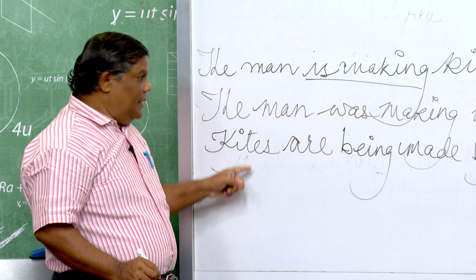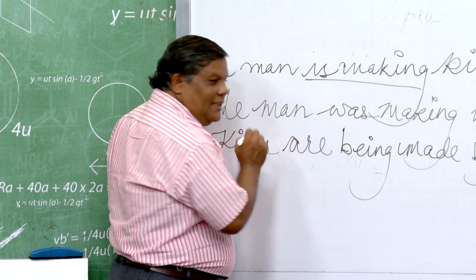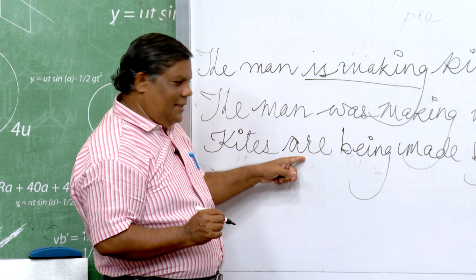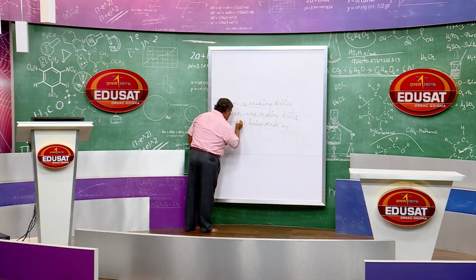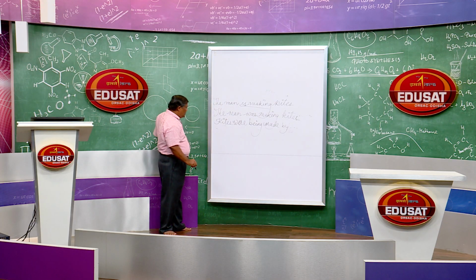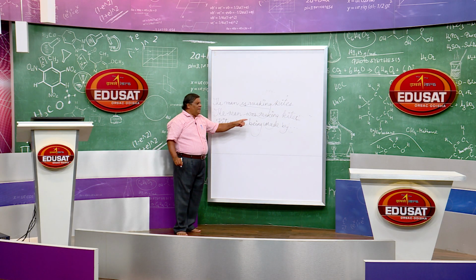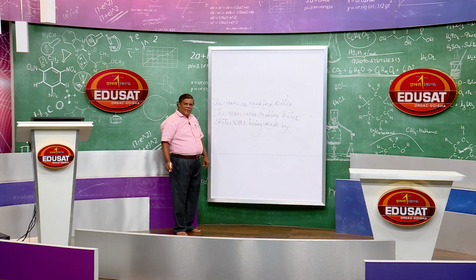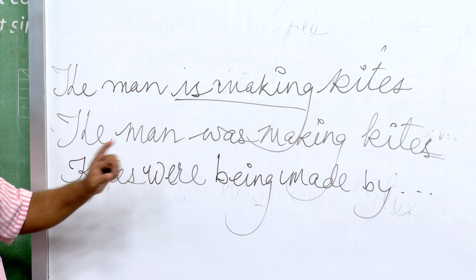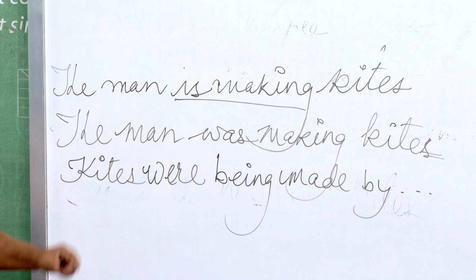And when we do the past tense, very simple, simply the first verb is changed and it becomes: the kites were being made by this man, or by the man. Now it becomes the past tense form. A simple change here can make the difference. This is the only difference that we find.